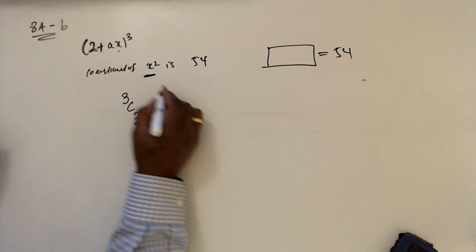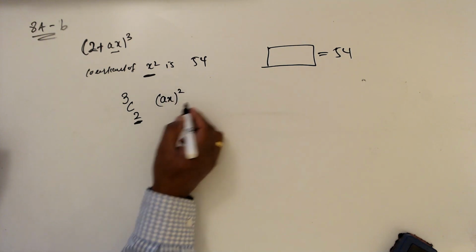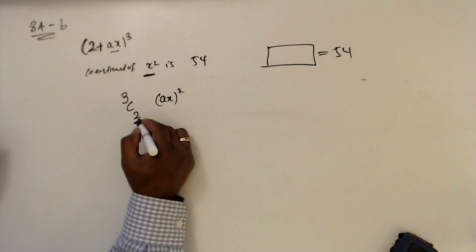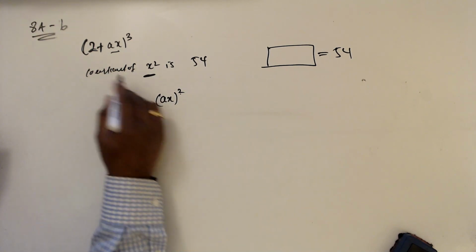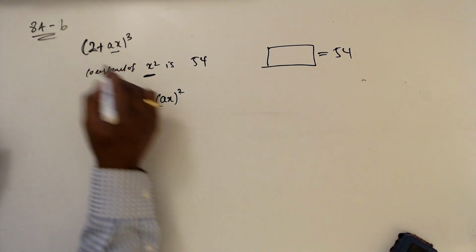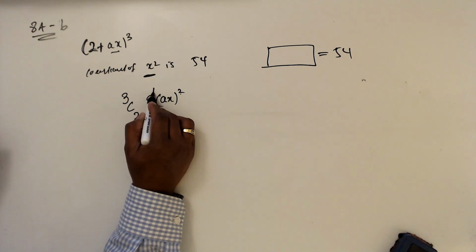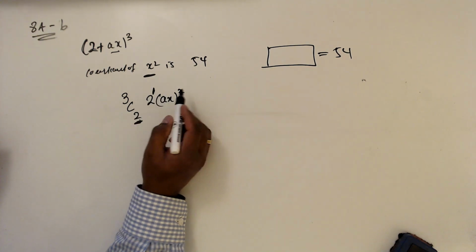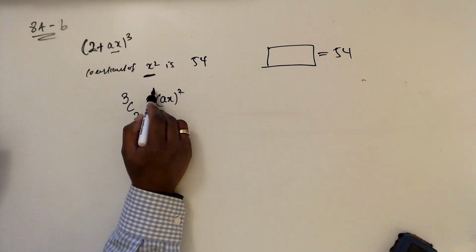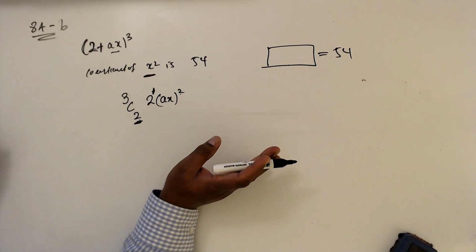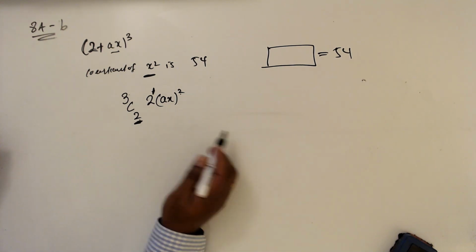Then we'll write this one first, ax square, and then what is the remaining term? 2, left term. This is going to be 1. Why is it 1? Because when you add those two together, 2 plus 1, 3.